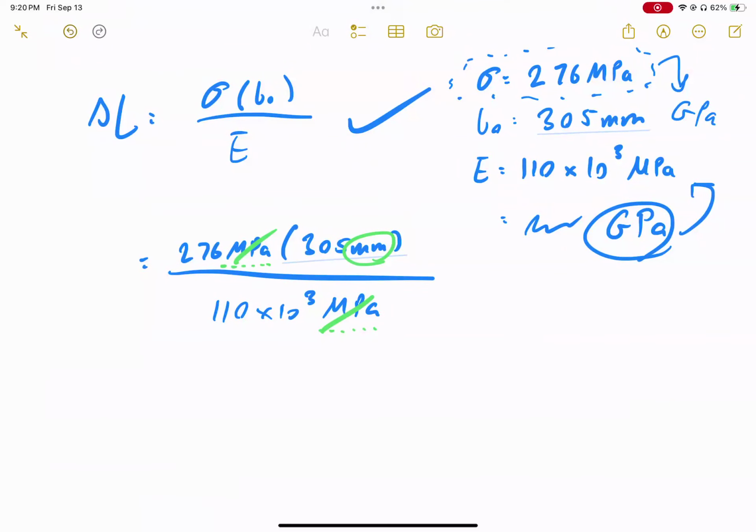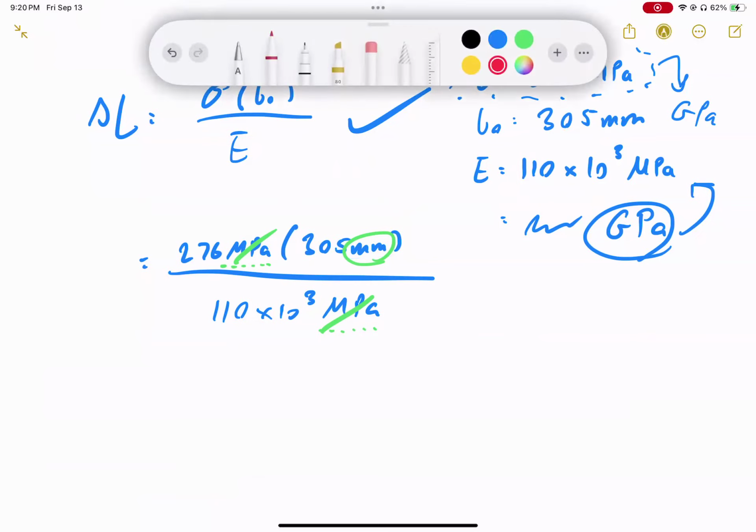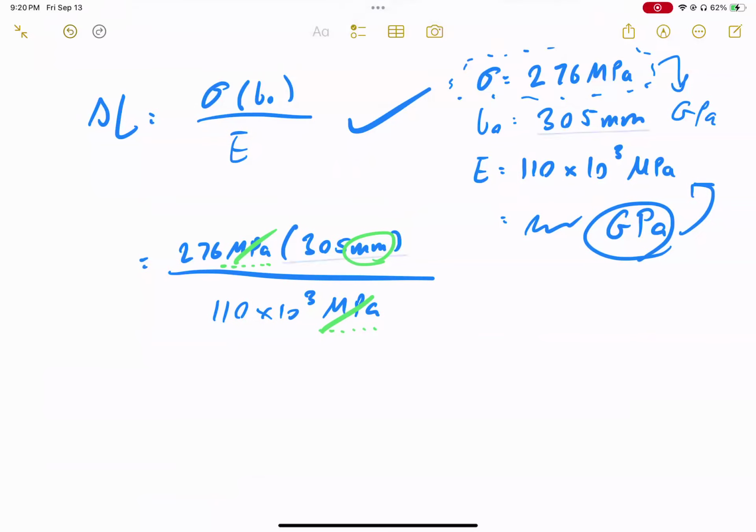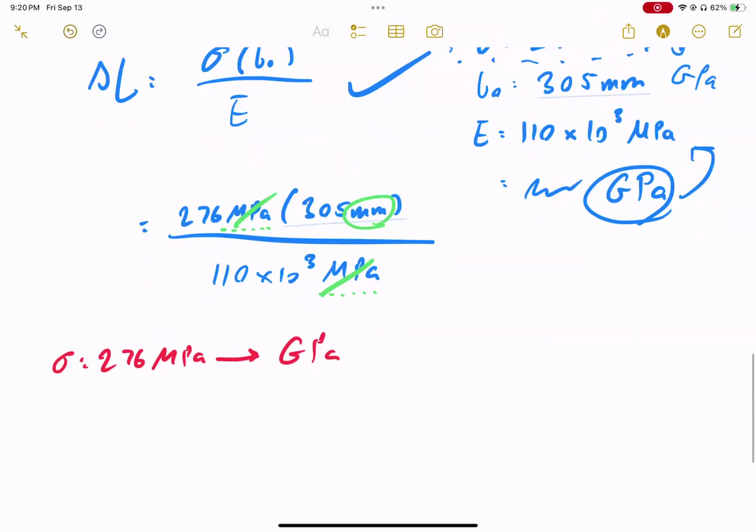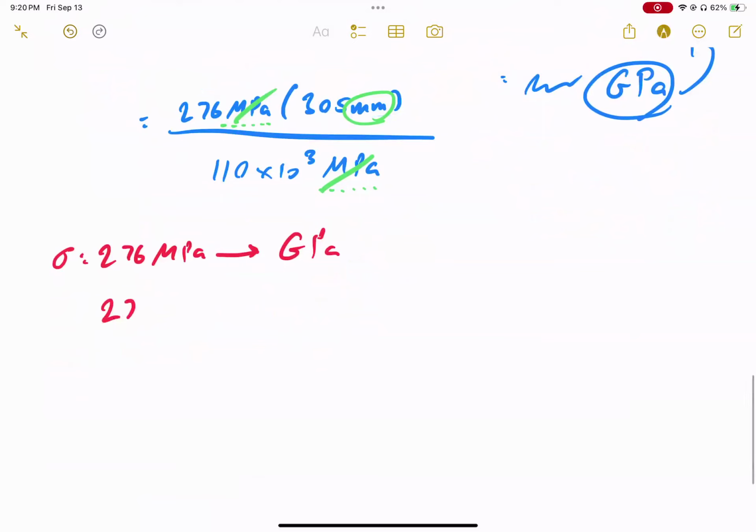For example, I'll do this in red. Let's just say I wanted to convert the stress of 276 megapascals into gigapascals. I don't know how much that is. Well, in 1 megapascal, there are 10 to the 6 pascals.